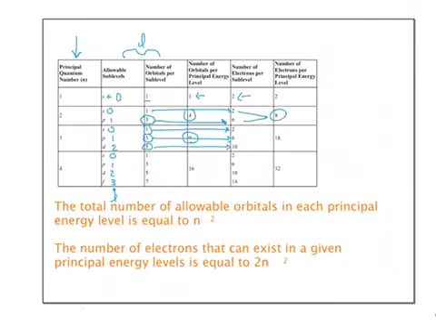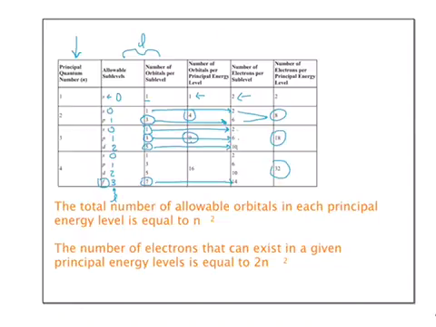So the third energy level can hold a maximum of 18 electrons, 10 plus 6 plus 2. Lastly, when we look at the fourth energy level, we can now add that F sublevel. There are 7 possible orientations to that F sublevel, and so now we can get up to 14 more electrons, and when we add that all together, a grand total of 32 electrons in the fourth energy level.